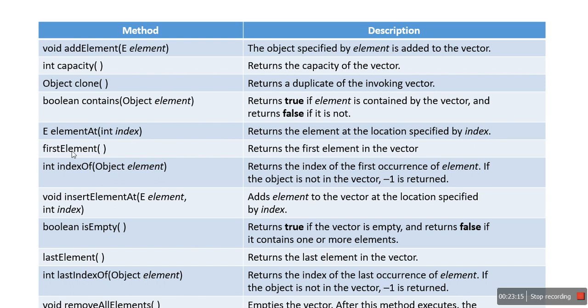Okay, the next method is firstElement. The return type of this is enumeration, E or object. For example, if you have a vector v and you call the firstElement method on it, it returns the first element. v.firstElement means whichever element is present at the first location, first index, is returned by this method.